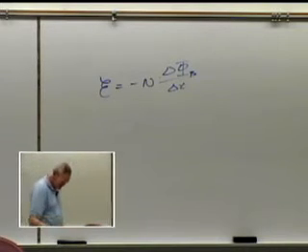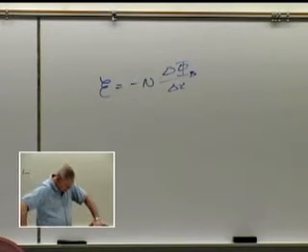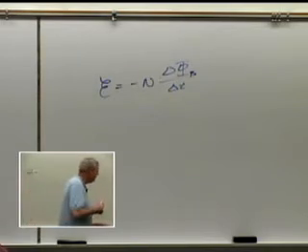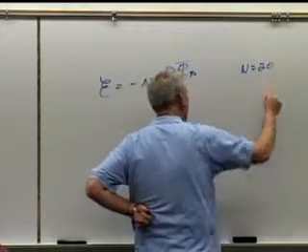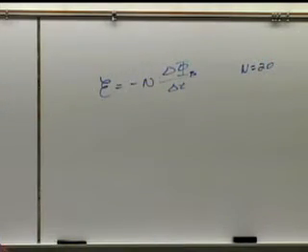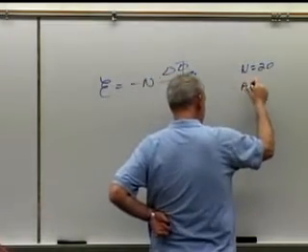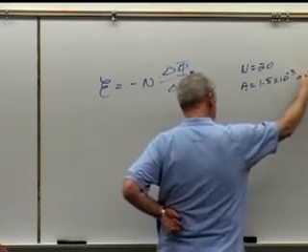So here we go. Let's take a look at the example, then we'll be done. A coil of wire consists of 20 turns or loops, so N equals 20. Each has an area of 1.5 times 10 to the negative 3 meters squared.